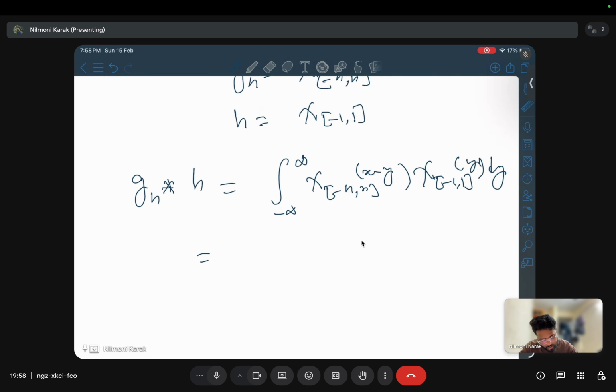This equals the integral from minus 1 to 1, because n is a natural number, so n can be 1, 2, 3 and so on. So the interval where the whole thing holds is minus 1 to 1.